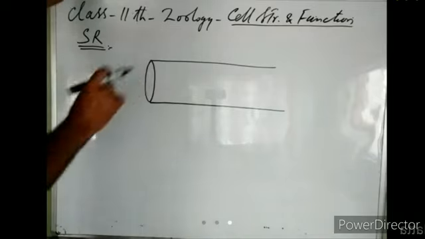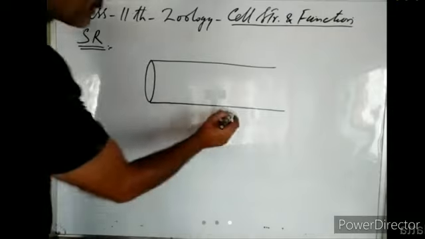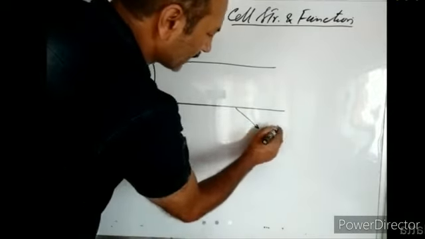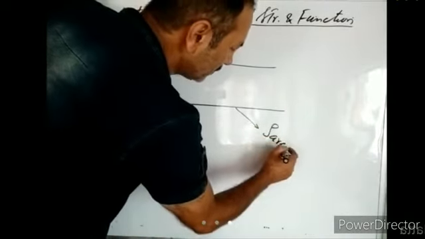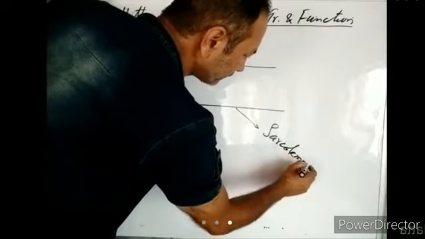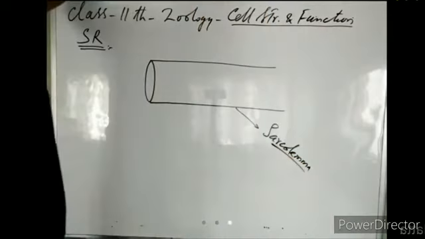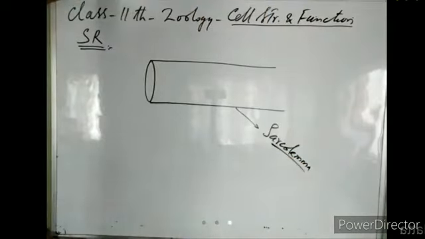So this muscle cell is externally covered by a sarcolemma. Just below the sarcolemma, what should we find?